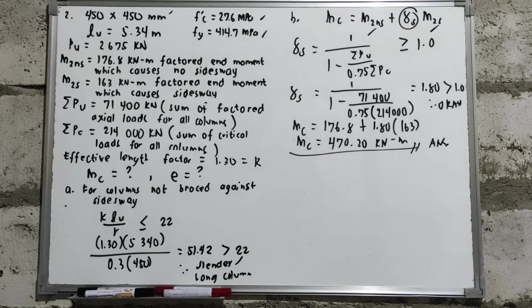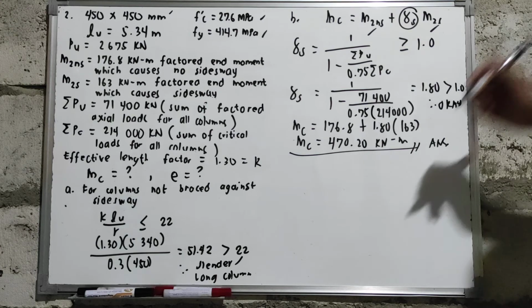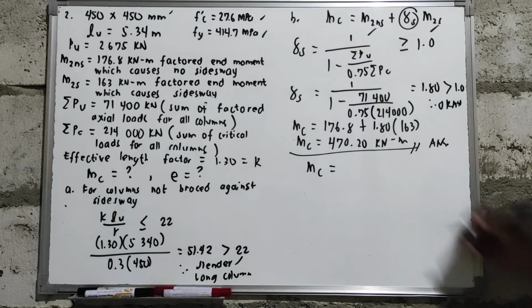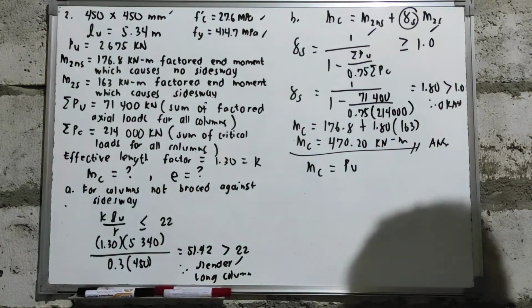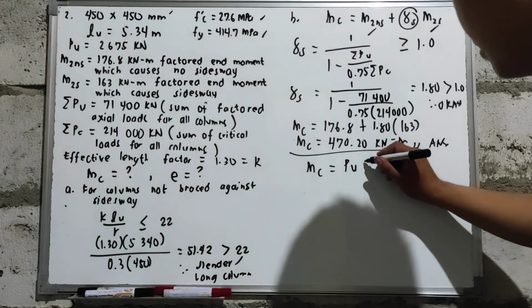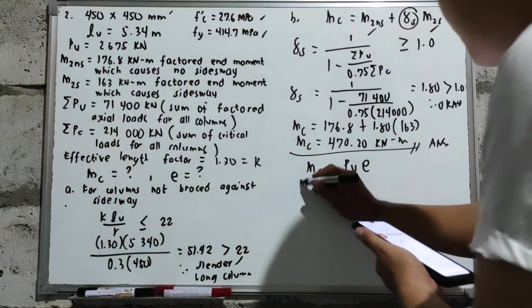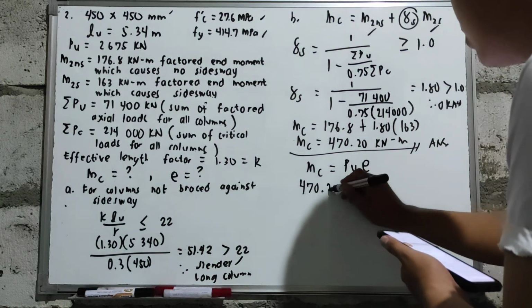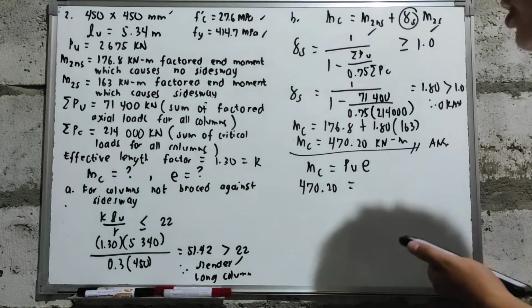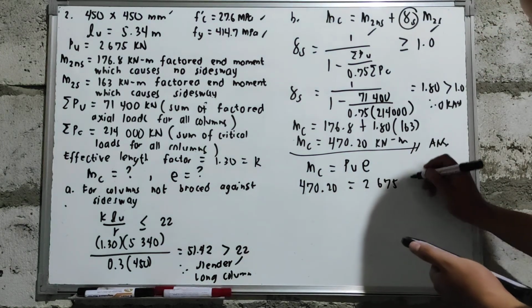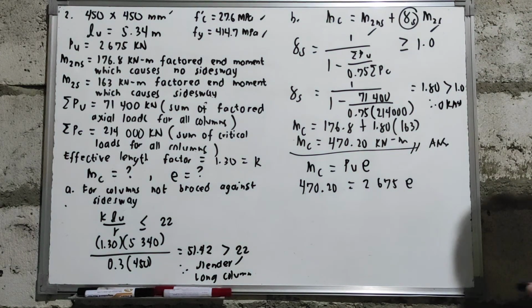So in computing for the value of your eccentricity, para makuha natin yan, yung design magnified moment natin, that would be yung factored axial load natin multiplied by yung eccentricity natin. So we have a value of 470.20 equals yung Pu natin, that is equal to 2,675 kilonewton multiplied by e.